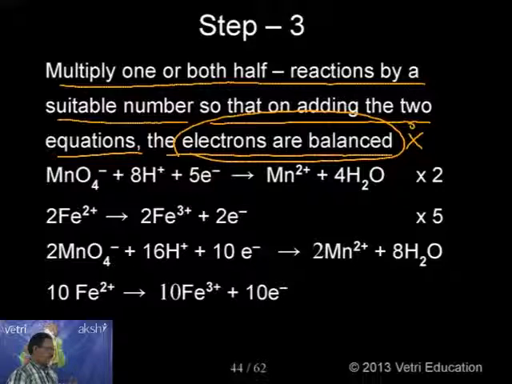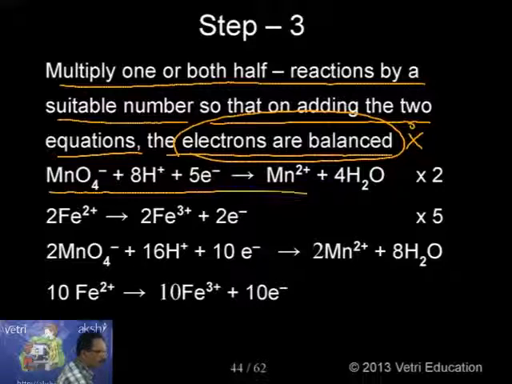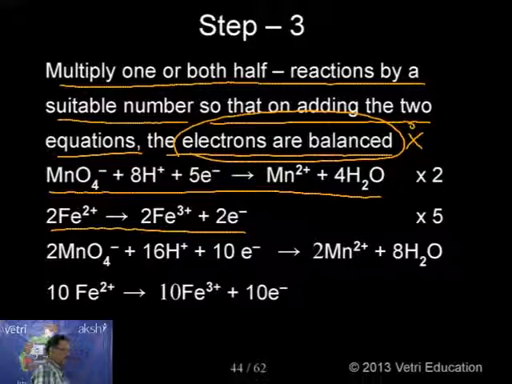The other one is Fe2+ to Fe3+. So in these two half reactions, multiply one or both by a suitable number, so that on adding these two equations, the electrons are balanced. Let me explain this here. That is step 3. This is the step I have brought from step 2, and this is again from step 2.